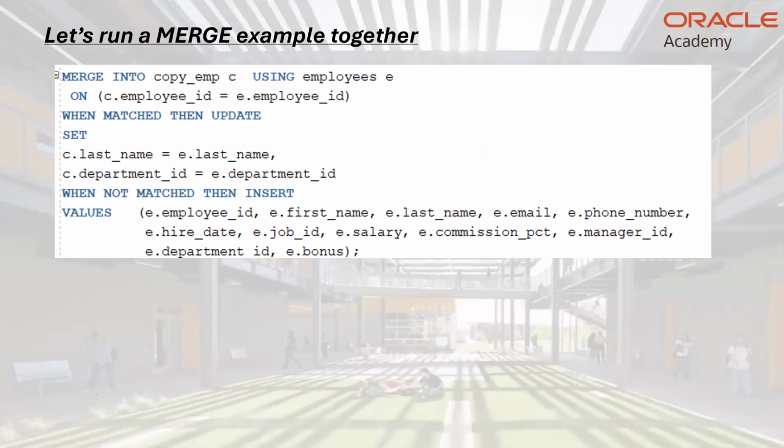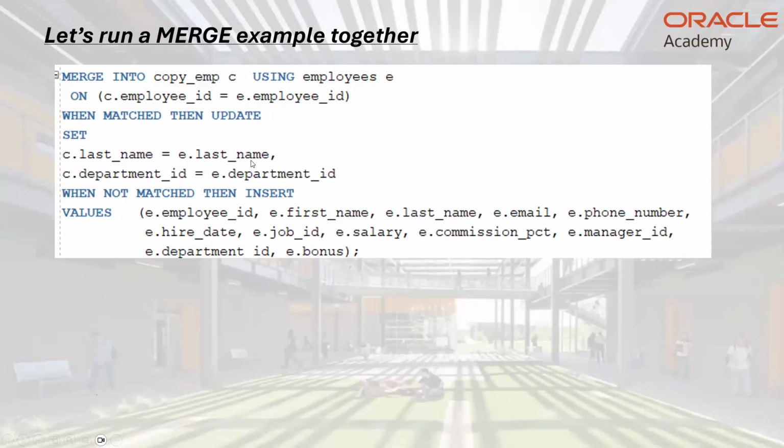So merge into copy employees as an alias, using employees, on employee ID equals employee ID. So we're correlating the employee IDs. When they match, then you update, set last name equal to last name. When the employee IDs match, we're going to set the last name in the copy employees table equal to whatever the last name is in the employees table.